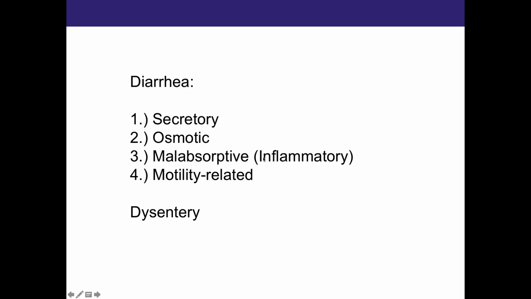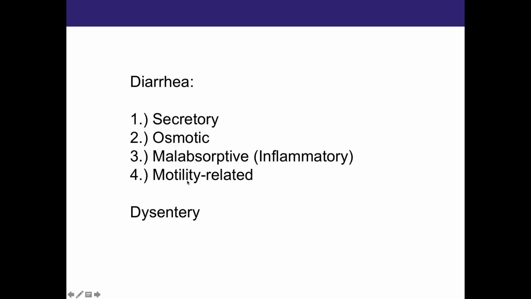Irritable bowel syndrome, IBS, or other inflammatory diseases like Crohn's disease cause malabsorptive diarrhea, which is really another type of osmotic diarrhea. You don't get absorption, and all of those undigested food or nutrients stay in the small intestines, drawing water in, causing an osmotic diarrhea.